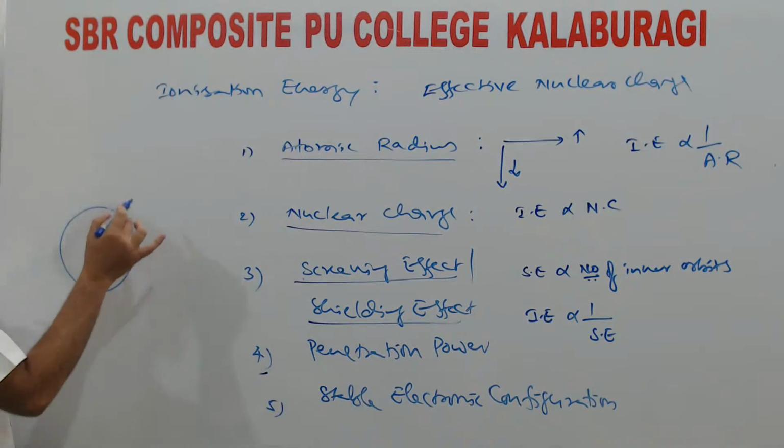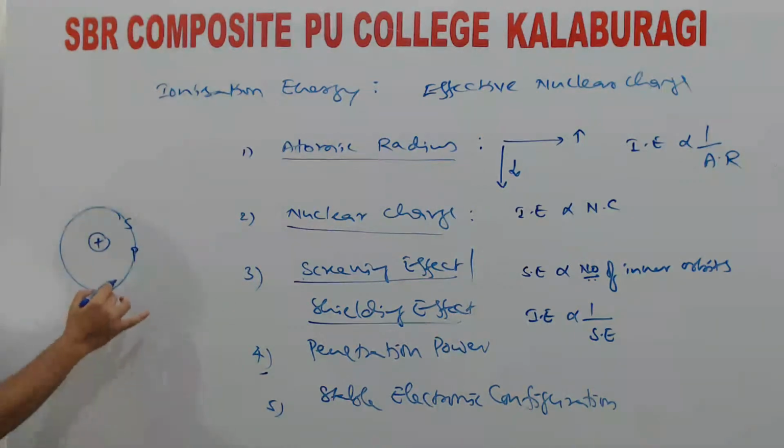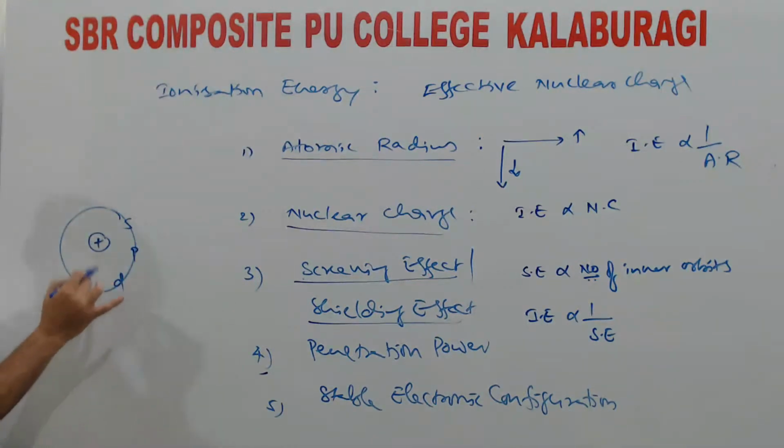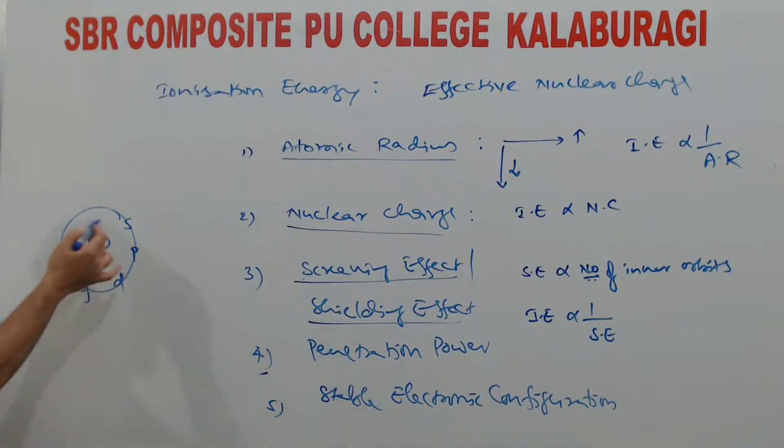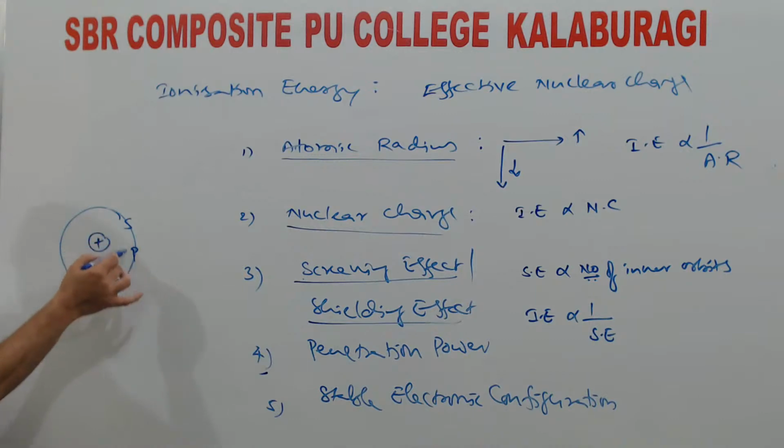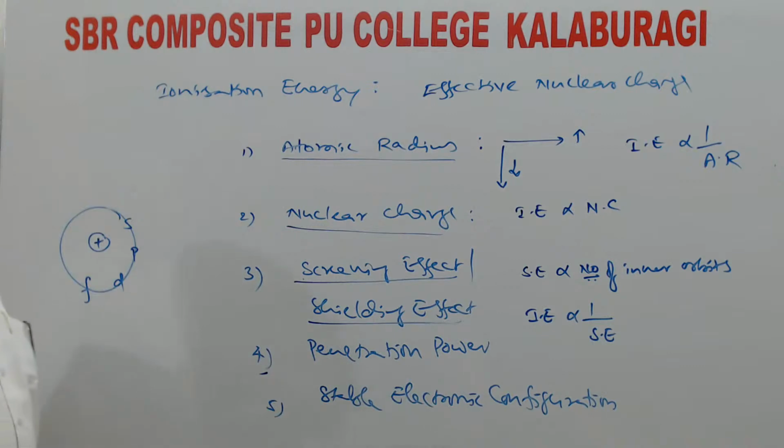Suppose in the same orbit there is s sublevel, p sublevel, d sublevel as well as f sublevel. So, as they are all present in the same orbit, the distance from the center of nucleus to that particular sublevel will be equal. Then, energy required for the removal of electron from these subshells, will it remain same or will it be different?